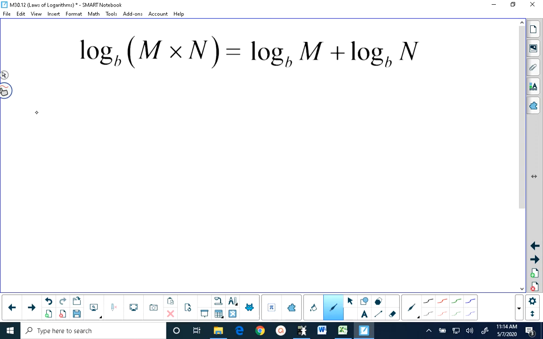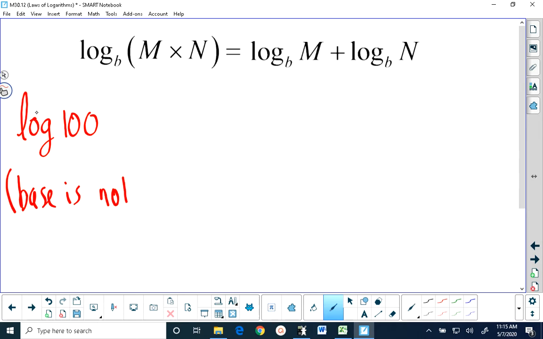So before I use an example here on the calculator, I want to review something with you from the previous lesson. When you see something like log of 100 and the base is not written, this is log base 10. When the base is not written, it's understood that we are talking about base 10.